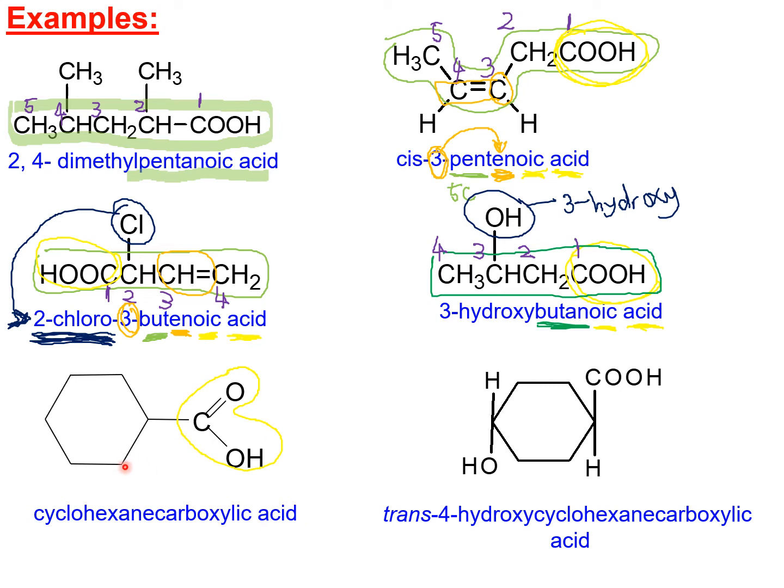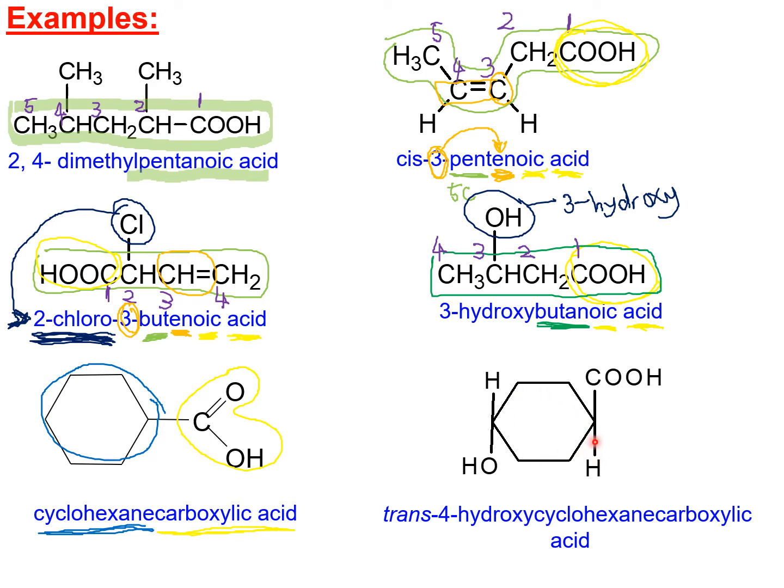So, that's why nama dia akan jadi cyclohexane carboxylic acid. Itu saja ya. Sebab dia tak ada longest continuous carbon chain. Dia ada ring kat sini. So, you namakan nama ring ni, which is cyclohexane. Lepas tu, you gabungkan sahaja dengan perkataan carboxylic acid. That's all. Okay, how about this one?